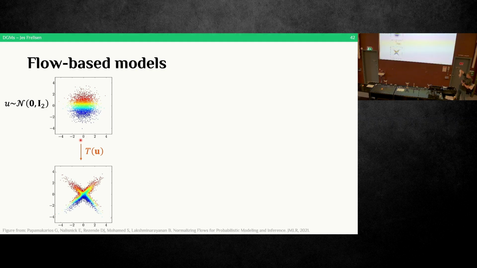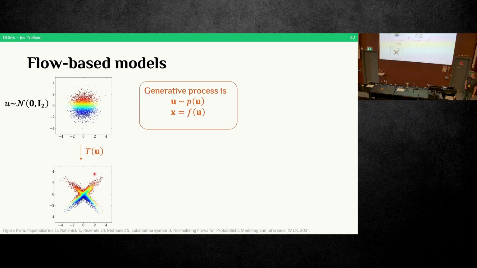In this case, I pushed on the sides and stretched it out in the corners like this. So the generative process in a flow is essentially that we pick some distribution, in this case called the base distribution, then we sample from the base distribution, apply some transformation, and then we get out our x.